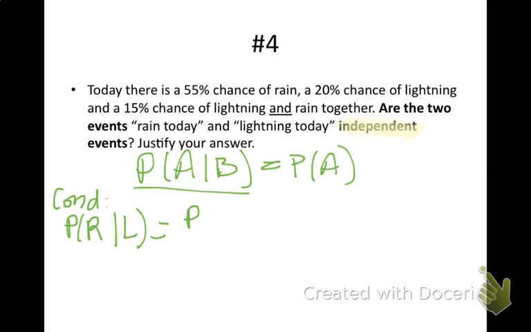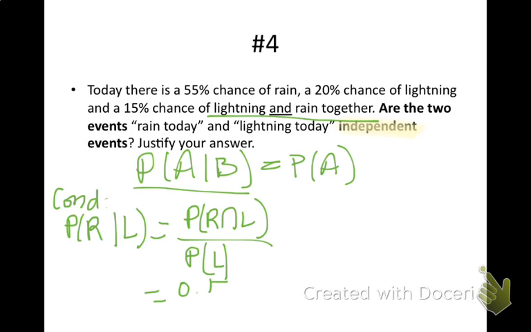That's going to be equal to the probability of rain and lightning over the probability of lightning. This should be on your topic sheet because we went over this formula in class. So rain and lightning is 0.15.